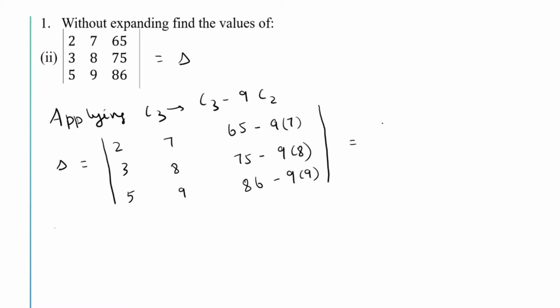So this is equal to 2, 3, 5, 7, 8, 9. So here 65 minus 63 is 2. Then here 75 minus 72 is 3. And 86 minus 81 is 5.